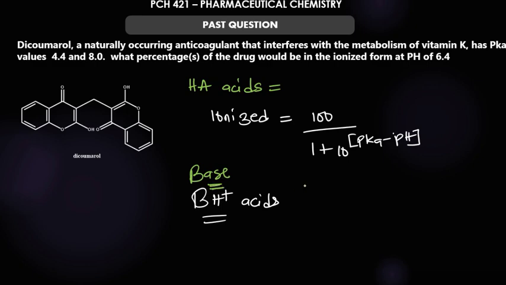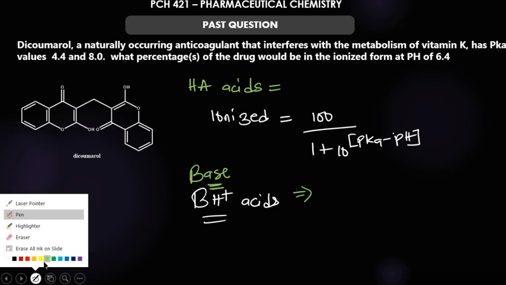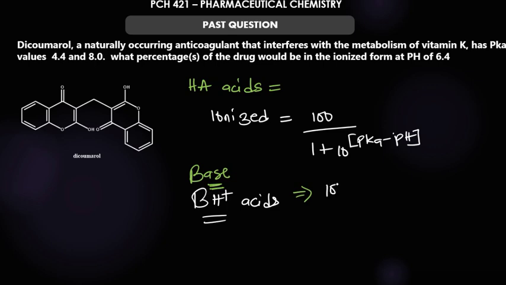I don't want to confuse you further, just know that one is the base. We said the opposite is usually the case. So for the ionized form of this base, it will be 1 plus 10 raised to the power of pH minus pKa, while the unionized will be pKa minus pH.